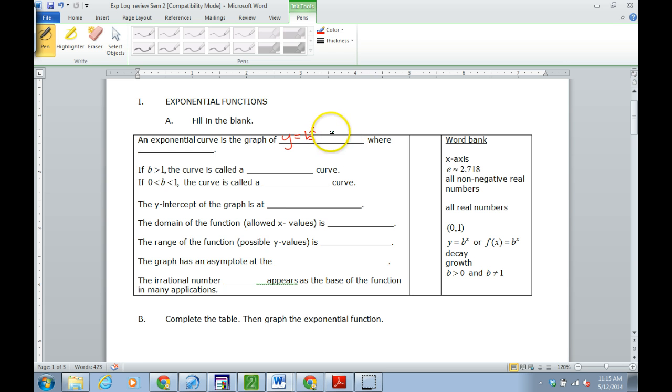You can also say f of x equals b to the x. Notice that y is the same thing as f of x. Okay? And this is where b is greater than 0 and b is not equal to 1.